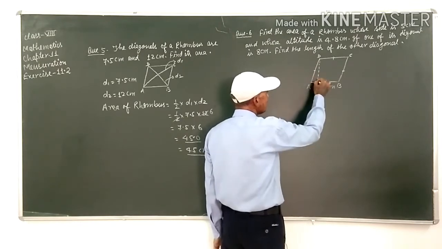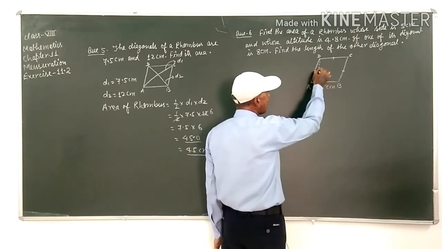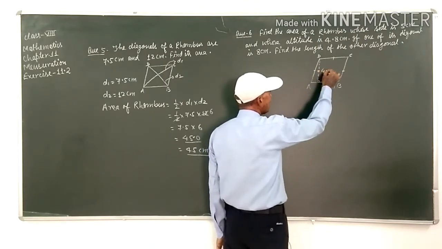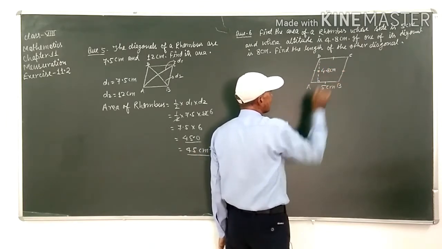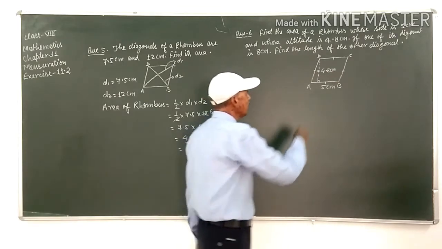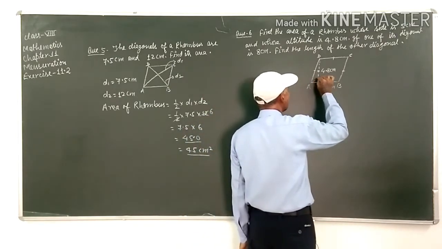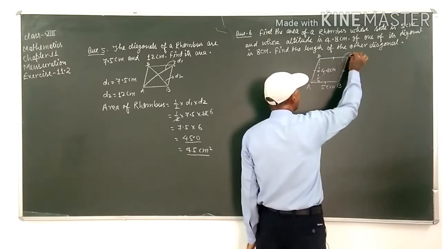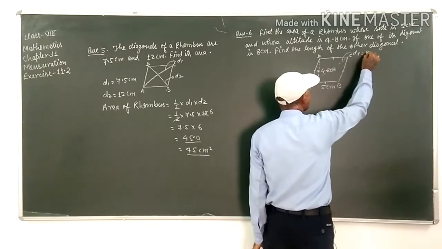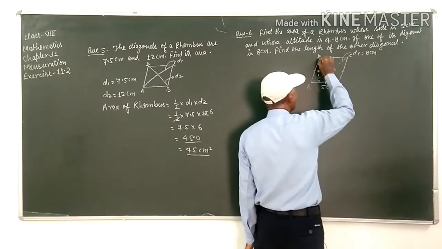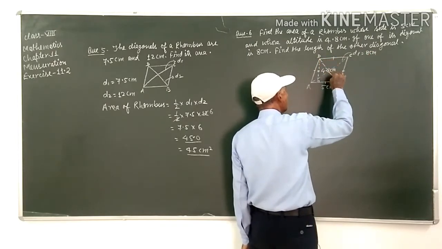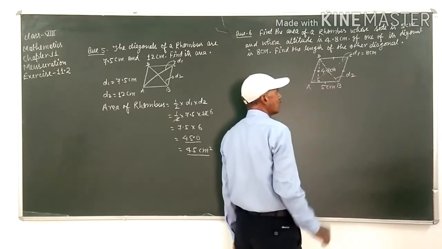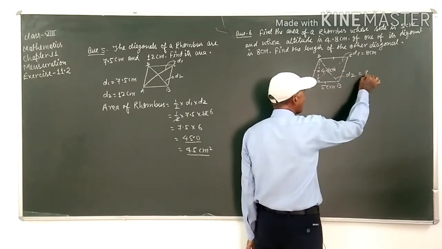This is perpendicular height, 4.8 centimeter. And one of its diagonal is given, the first diagonal D1, that is 8 centimeter, and this is the second diagonal, D2. We have to find out this.